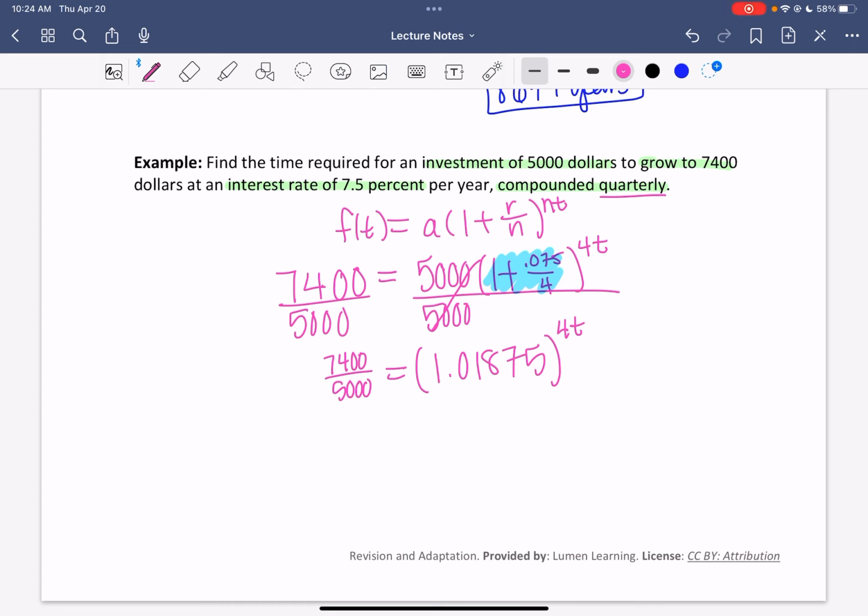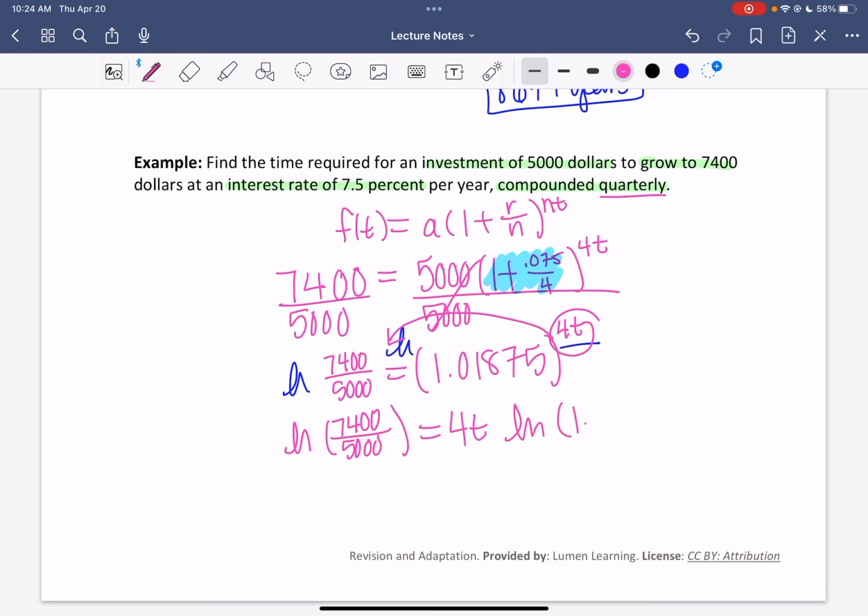Now this one didn't have an e like the previous ones, but we are going to turn this into a logarithm by ln in both sides so that I can pull this exponent out front. And so that gives me ln of 7,400 over 5,000 equal to, and because it's a natural log, I can bring that exponent out front, 4t times ln of 1.01875.